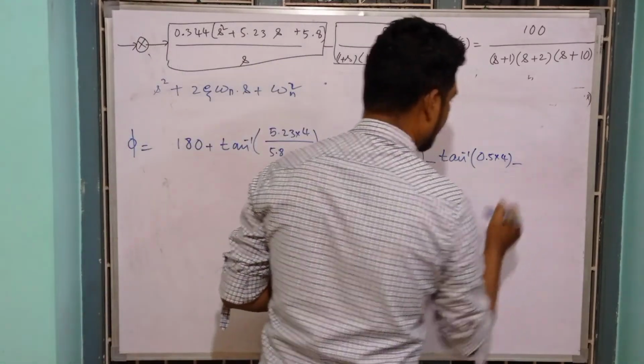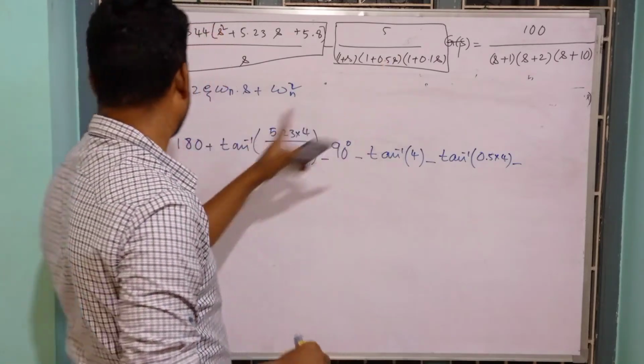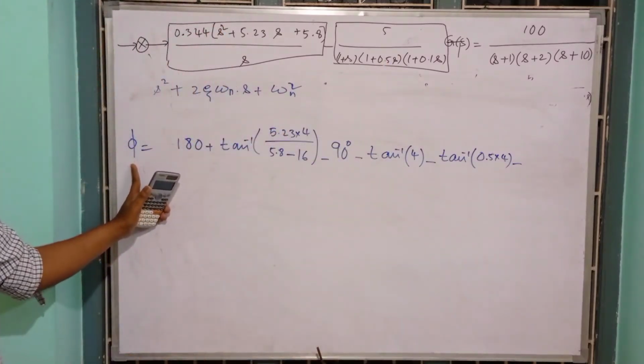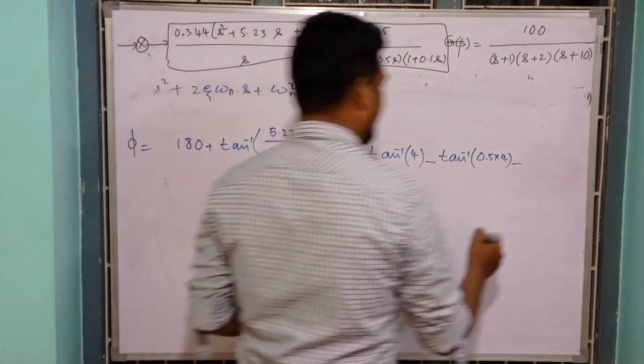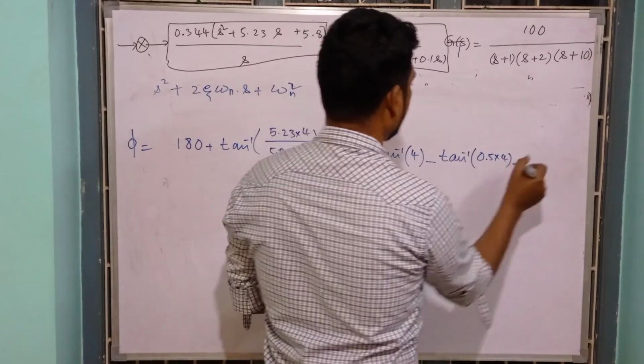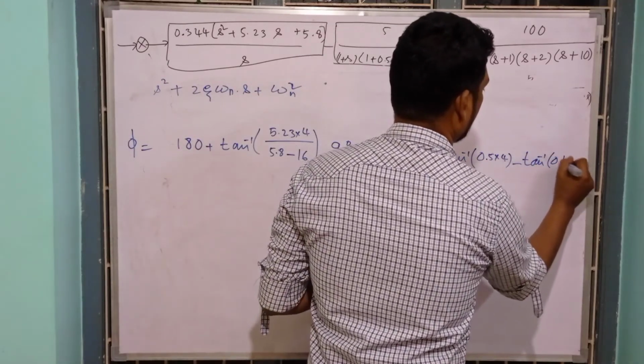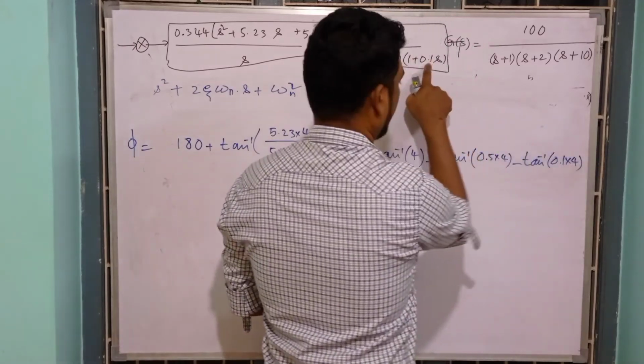So now this is a simplification while we write, converting this to time constant form, while we write the expression for phase angle. We are ready straight away, right? That doesn't give much complexity. This is for this one, and the tan inverse 0.1 into 4 for this one, okay?